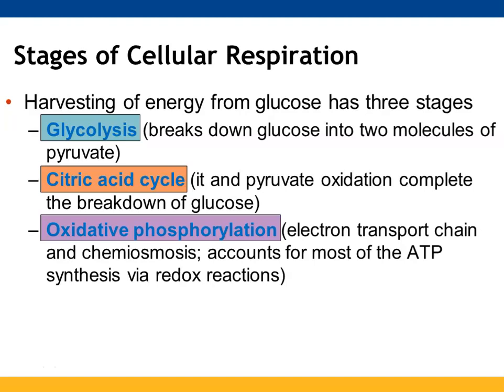We do have an oxidation process to pyruvate prior to it entering the citric acid cycle to be able to make that happen. Those two steps are what are going to be involved in oxidizing glucose. The oxidative phosphorylation is where we're going to end up making our ATP and reducing our oxygen.